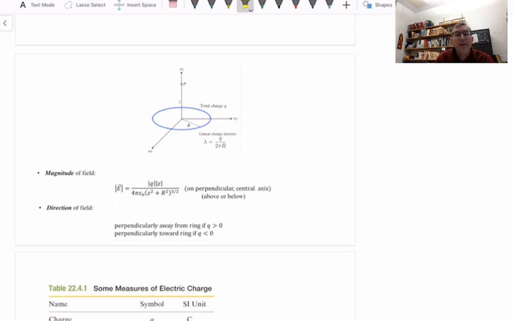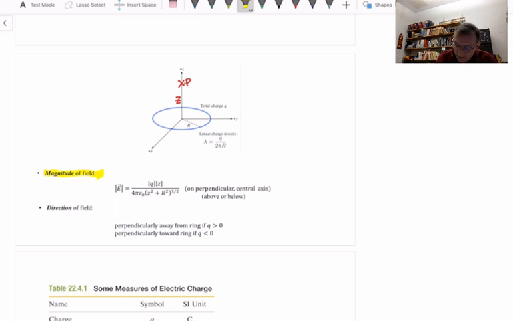It's got a radius big R. The point P is up here on the z-axis, distance z from the center, total charge Q. Here's the formula for the magnitude of the field, because this answer will actually work written this way if the ring has positive charge, like I was assuming, or negative charge, as long as the charge total amount is magnitude Q and is spread out uniformly around the circumference.